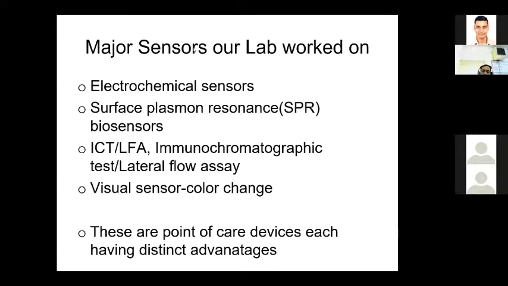We are thoroughly confident of our work on these sensors at our center. These are point of care devices, each having distinct advantages. Depending upon the application and the requirement, we can use these sensing technologies, these sensors. Next.